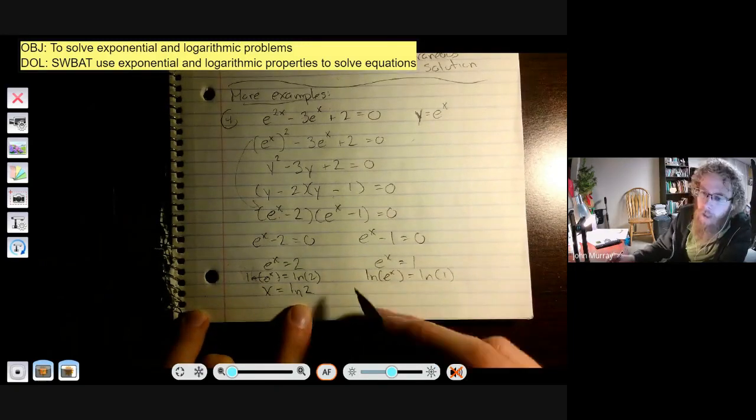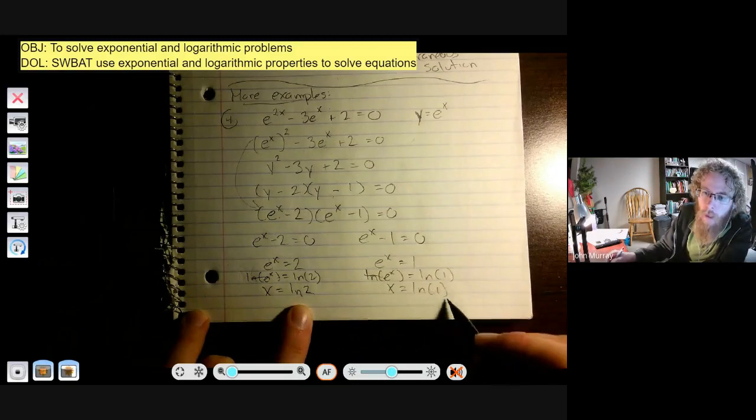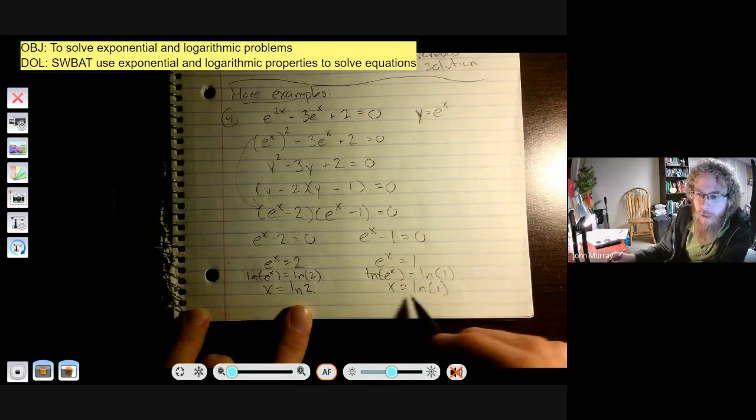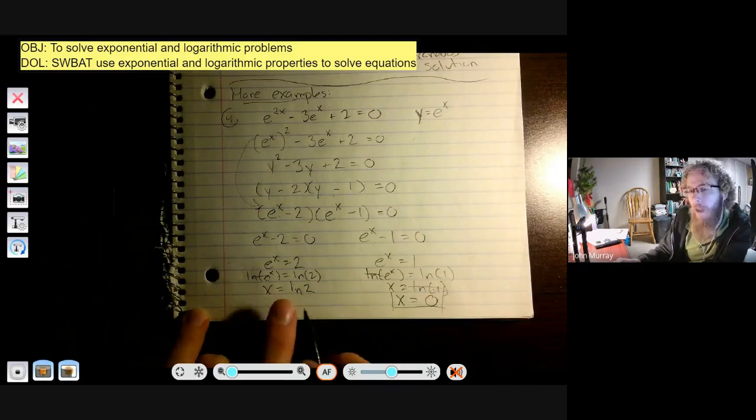All right, I'll calculate that in a second. Here I get x equals the natural log of 1. This is one of our properties. The natural log of 1, any logarithm of 1, is always going to be 0. All right, so that's an exact answer. We can keep that 0 there.